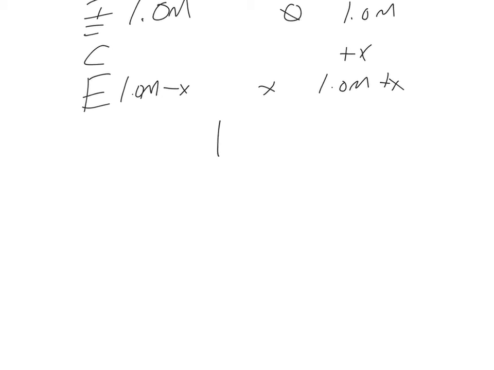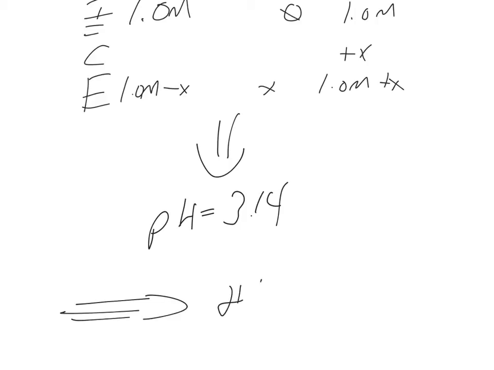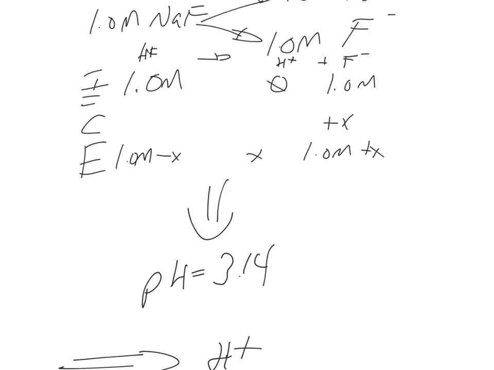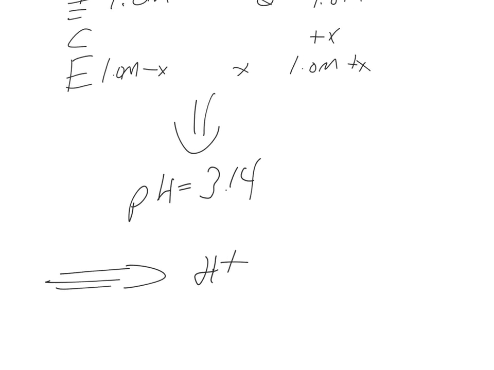Of course, if you ICE as usual, you get pH is 3.14. So what's going to happen if we keep adding a bunch of H plus? What's going to happen conceptually if I start adding H plus to this particular situation where we have a bunch of F minus?